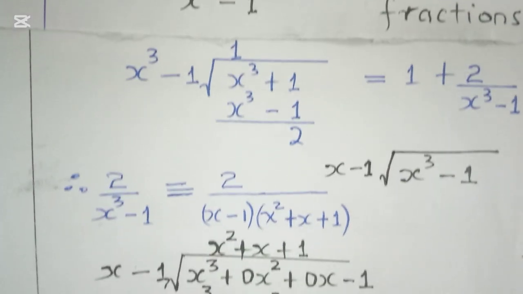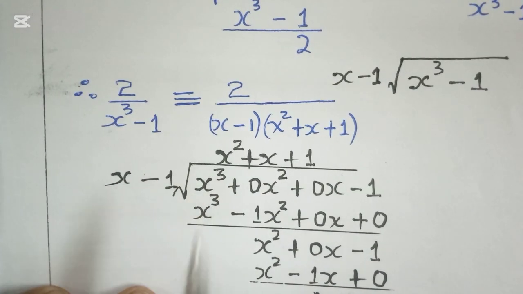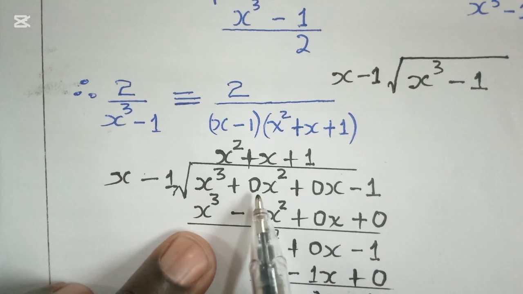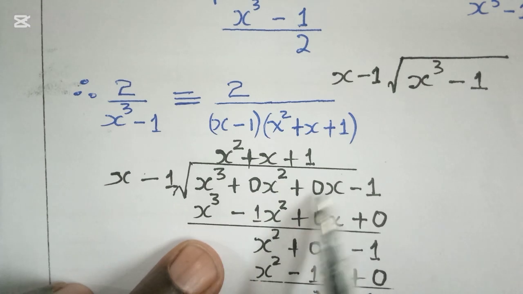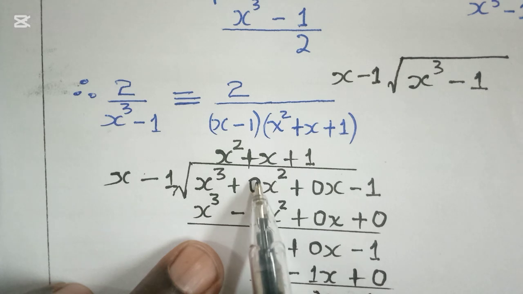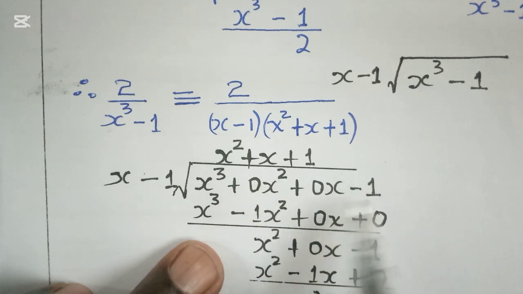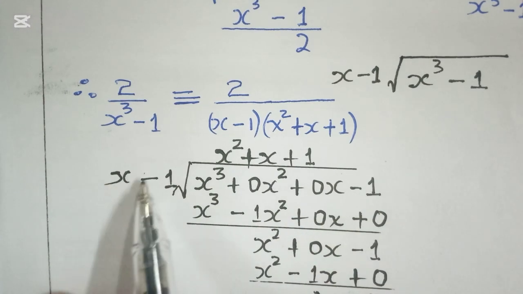And so I have done that in this, whereby I have divided x cubed, as you can see here, plus 0x squared, because we don't have any coefficient, we don't have x squared, we also don't have x. So I have decided to put my coefficient as 0, then minus 1. This is essentially x cubed minus 1. You divide by x minus 1.